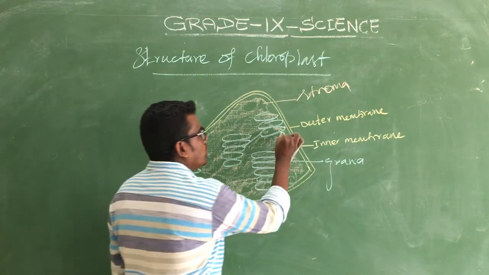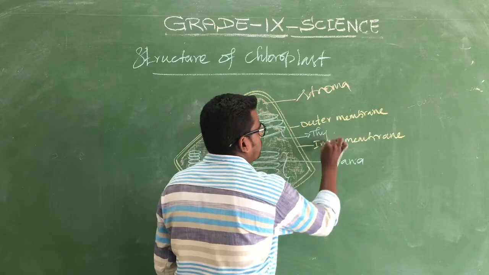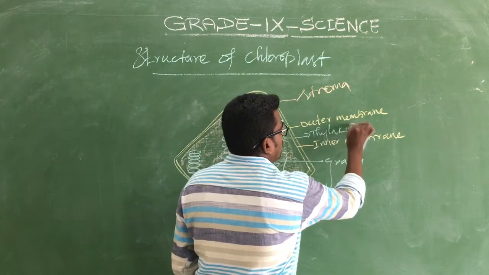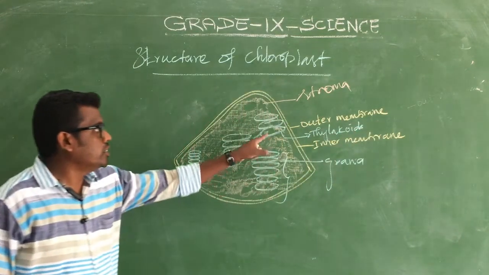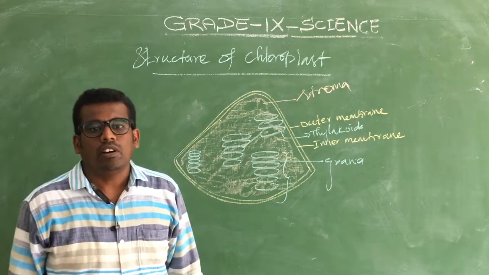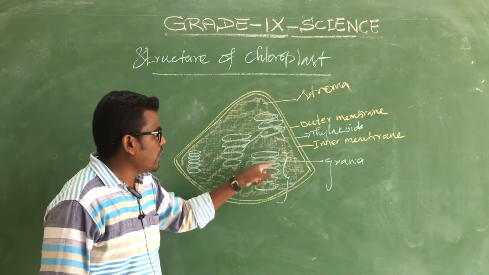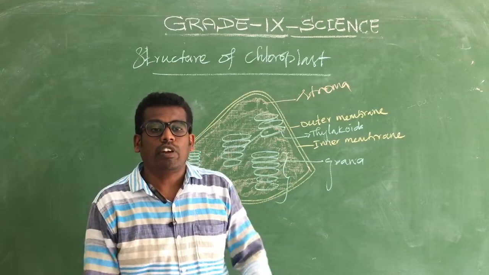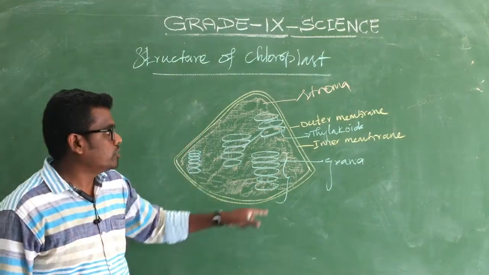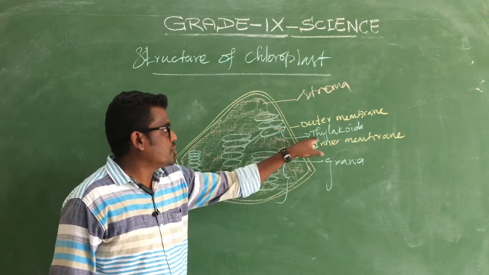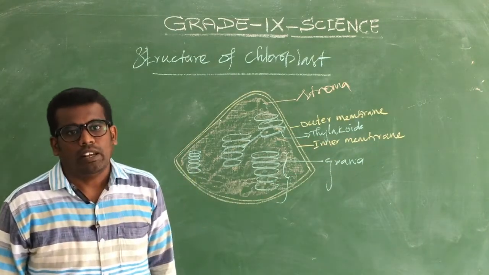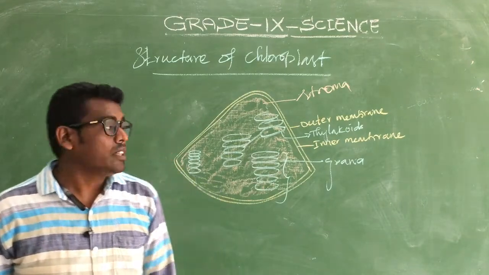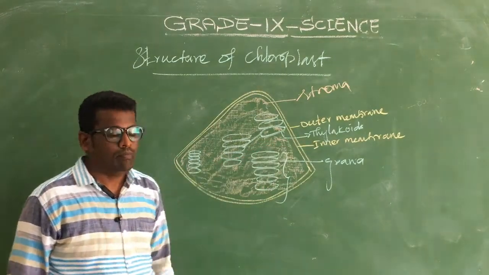Each flat membrane structure is called a thylakoid. The thylakoids are arranged like stacks of coins, and that stack is called a granum.